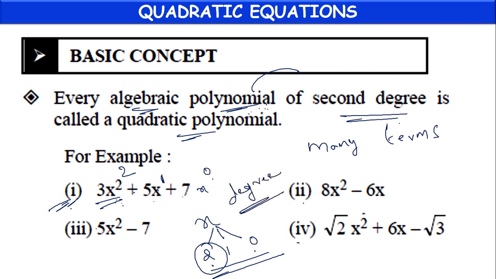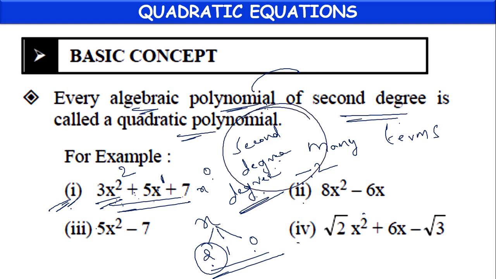The highest power of the expression is called the degree of the expression. In this first example, as the degree is 2, it is considered a second degree expression. So these types of second degree expressions are considered quadratic polynomials.